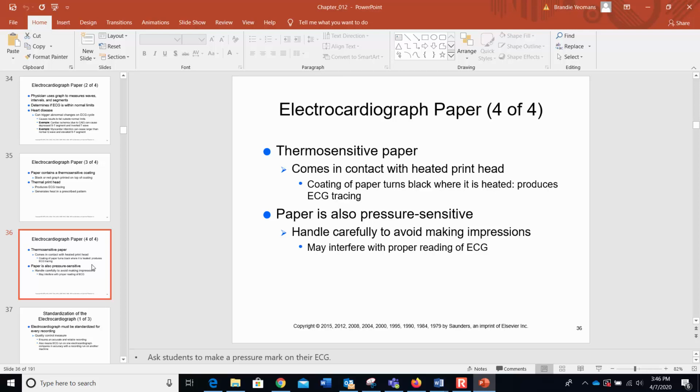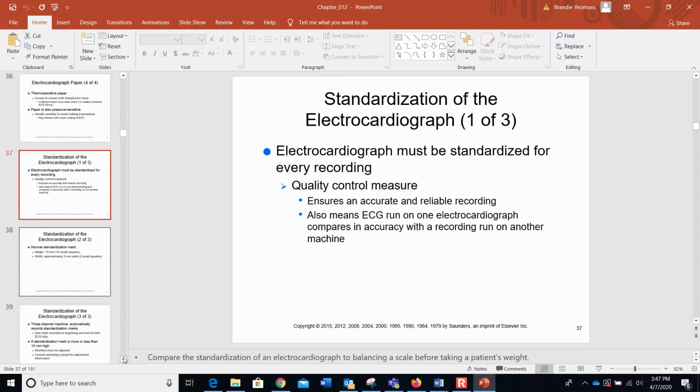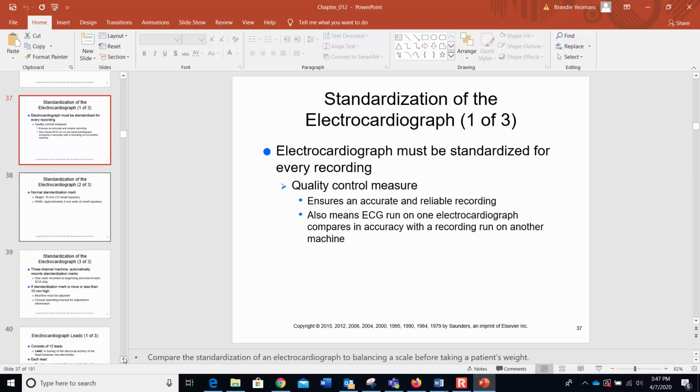When the coating of the paper comes into contact with the heated print head, it turns black where it's producing the tracing. The paper is also pressure sensitive, so when you handle it, be very careful, because by pressing real firmly you can make marks on that ECG.